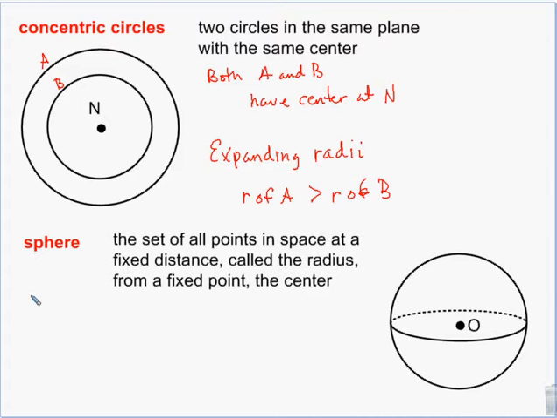Okay, a sphere is like a circle, but instead of being all the points from the center that go on a flat plane, it's all the points from the center in space, three-dimensional. So we have a radius, and that R is going to be the same as if I have it coming up here to touch that R, or going over there to touch that R. They're all going to be the same distance everywhere around the center.